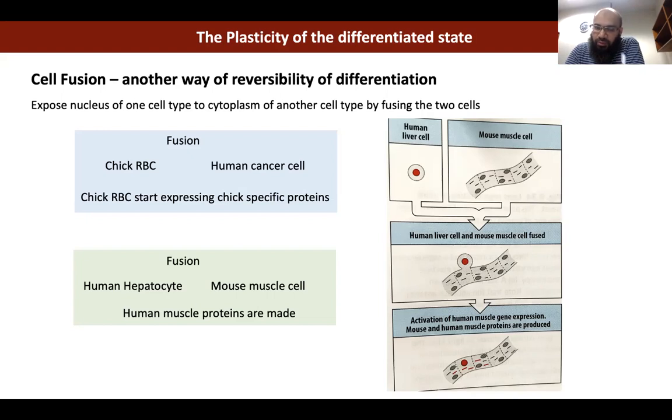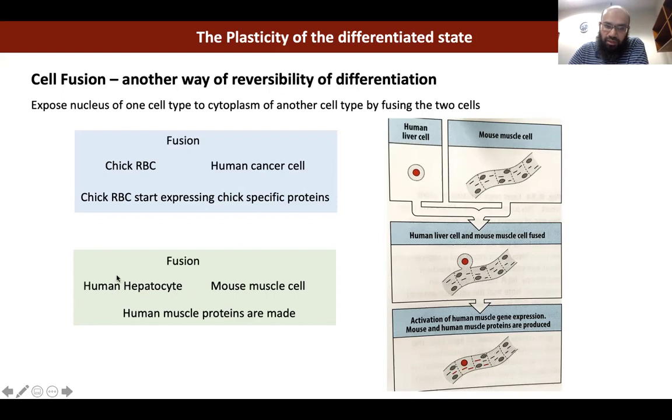But if you put it into a mouse muscle cell, which has all the transcription factors that were active and were supposed to increase the transcription and expression of muscle-specific proteins, those factors also acted on the muscle-specific genes present in the hepatocyte.